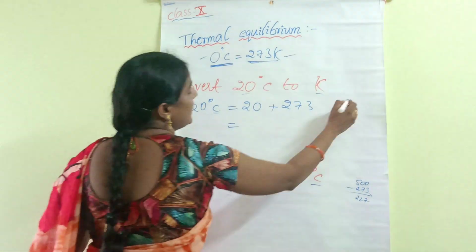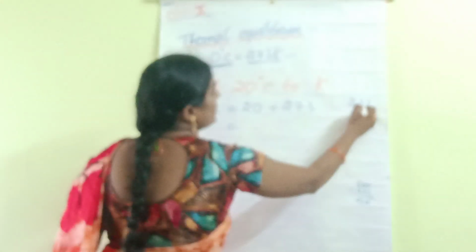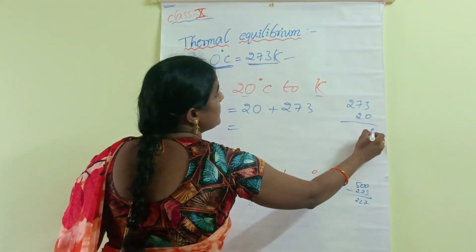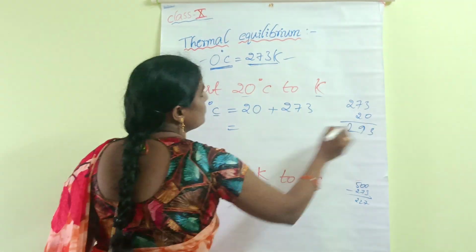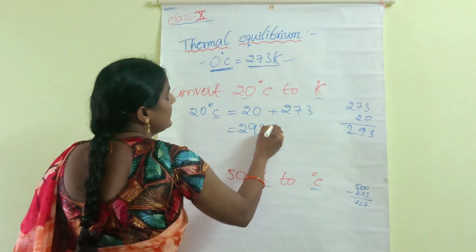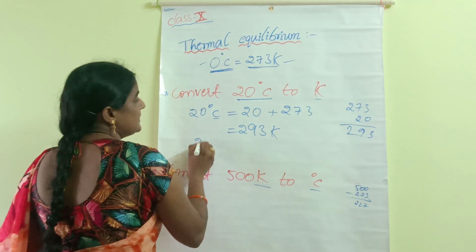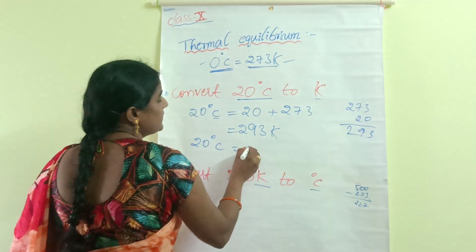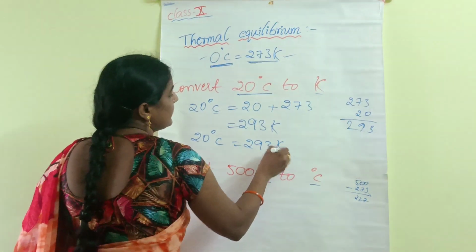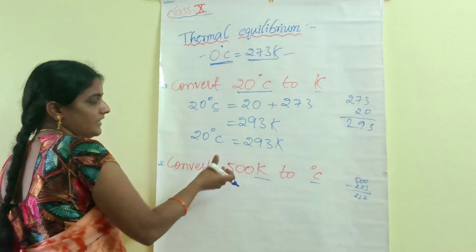Do the addition, 273 plus 20, which is 293 Kelvin. So 20 degrees Celsius is equal to 293 Kelvin.